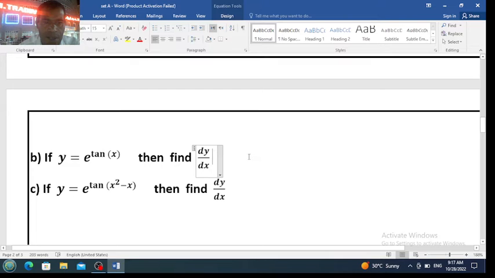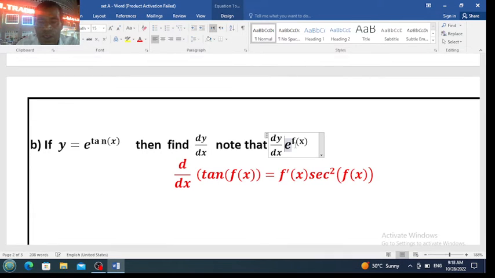And the first derivative of exponential f of x is equal to f dash, which means the first derivative of the function x, multiplied by the function itself, multiplied by exponential of f of x. This is the first derivative of exponential f of x.